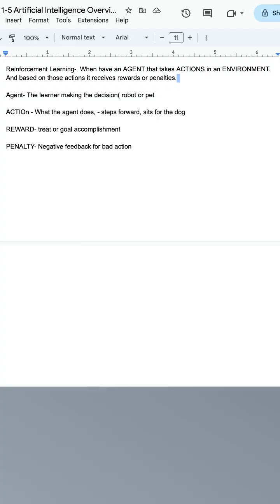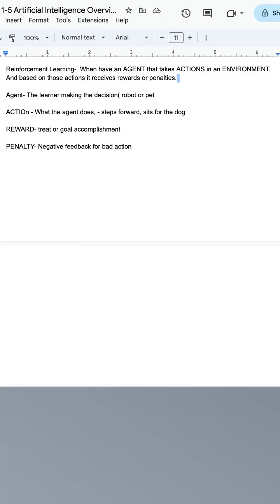An example of reinforcement learning is if you are training a puppy to sit, every time the puppy sits on that command, they receive a treat. Anytime you tell the dog to sit and you scold it, that is considered a penalty. That's a firm example of reinforcement learning.